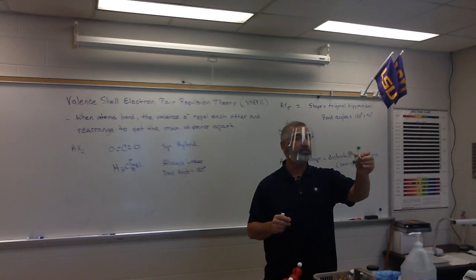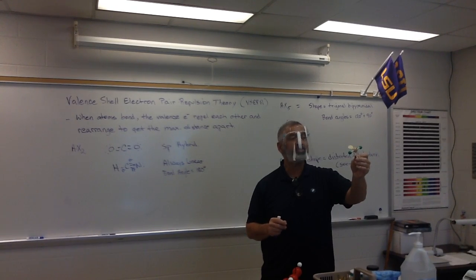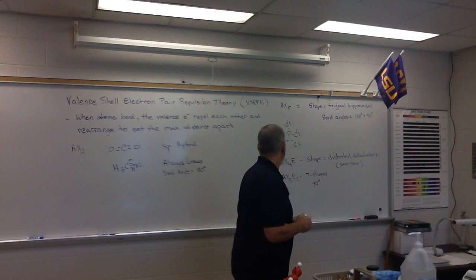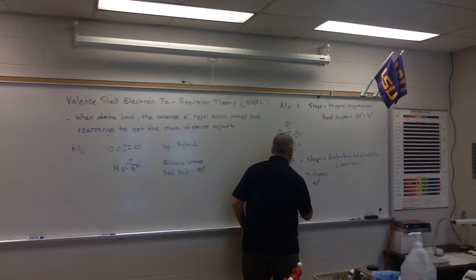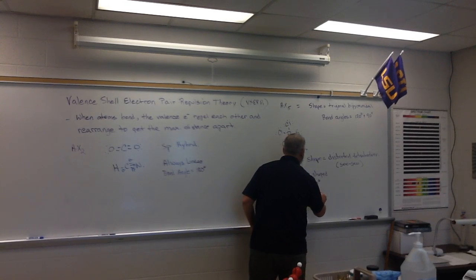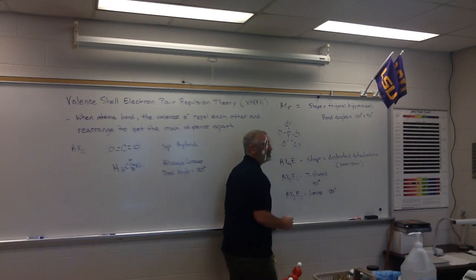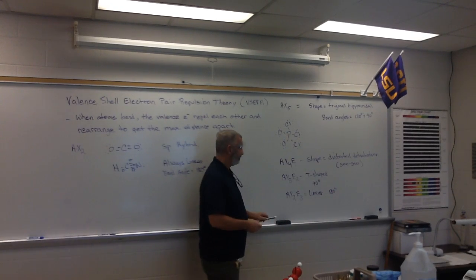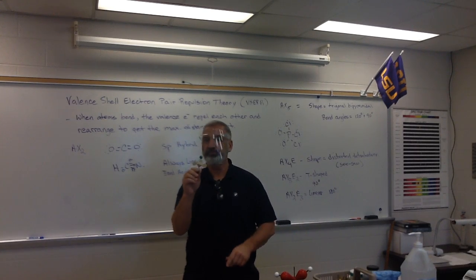Okay, so it looked like this, so what shape is this going to be? Linear. So AX2E3 is equal to linear with a 180 degree bond angle. So the key on this is that they all come out of the equatorial position.